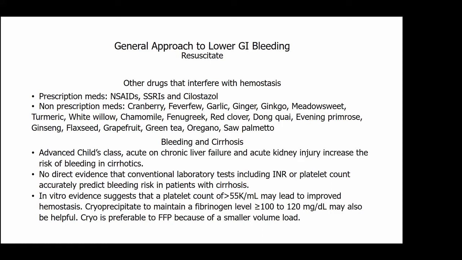There is some in vitro evidence to suggest that a platelet count of greater than 55,000 may lead to improved hemostasis. Cryoprecipitate to try to get to a fibrinogen level of greater than 100 to 120 may also be helpful. And again, cryo is preferable to FFP because of a smaller volume load.